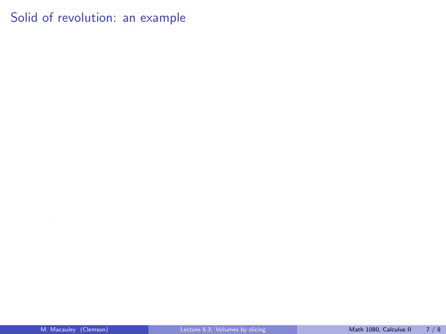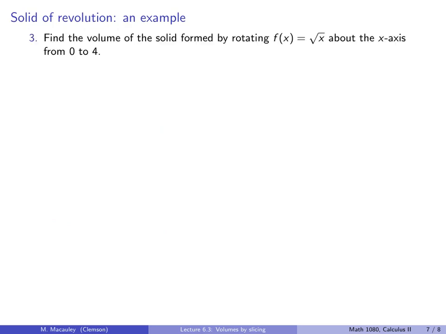Okay, let's do an example. Find the volume of the solid formed by rotating the function f of x is the square root of x about the x-axis from 0 to 4. So this is exactly what we just saw how to do. Even so, I always like to draw a picture.